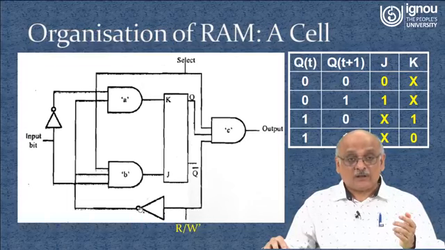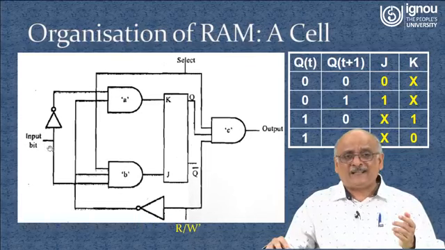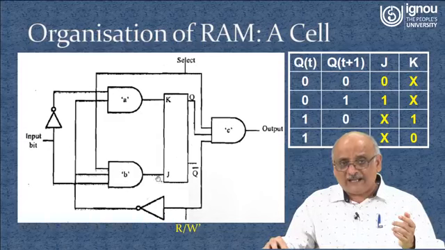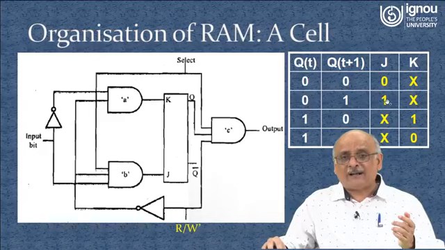Now what happens here? Inversion. So now we are getting 1 in this particular AND gate. Select is 1, right. So now if the input bit is 1, what is going to happen? The output of gate B, which is J, will be converted into 1.